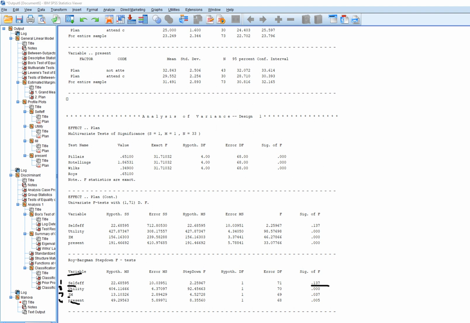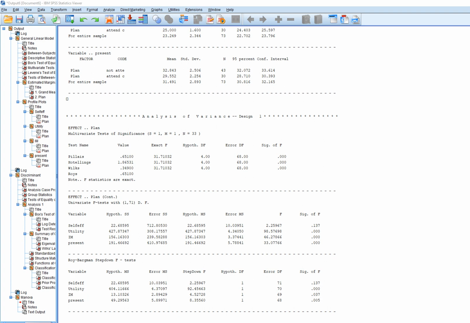When we run the ANCOVA with utility as a dependent variable and self-efficacy as a covariate in the model, we see that there is a significant difference between the groups on perceived utility after controlling for self-efficacy. At step 3, when we add intrinsic motivation as the dependent variable and control for these other two variables, we see that there's a significant difference on intrinsic motivation. And then at step 4, present orientation, we see that there's a significant difference after controlling for all three of these variables.